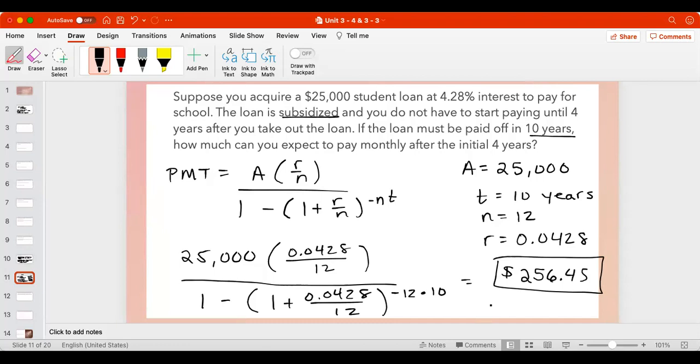So if we took that amount, 256.45, and in a calculator, multiply by 12, that would give you the amount in 1 year, and then multiply it by 10, that would give you the amount in 10 years. And you'll get $30,774. And if you subtract 25,000 from it, you can see the amount that you paid in interest, which is $5,774. Maybe I'll do that in a different color right here.